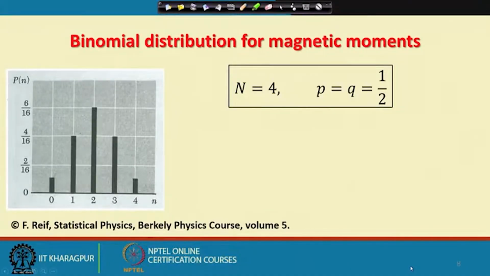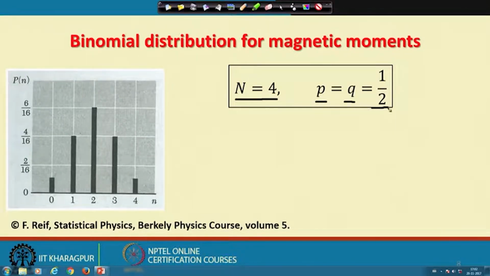So, let us now have a look at how the binomial distribution looks for a small number of spin-half particles. In this example, we have taken capital N equal to 4, and we have also fixed the individual probabilities of having up and down spins equal to half.